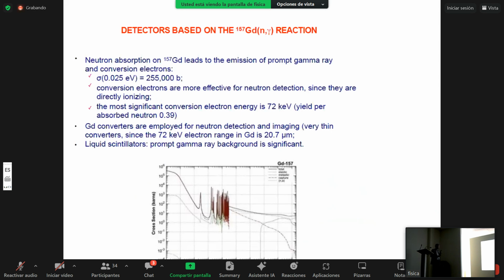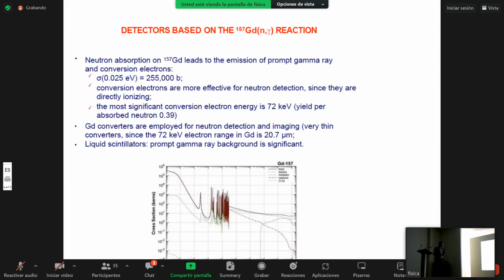Gadolinium-based detectors are not so frequently used, despite the fact that the cross section is pretty high by neutron standards. You can see in the figure that it is two to three orders of magnitude higher compared to standard helium and boron counters.